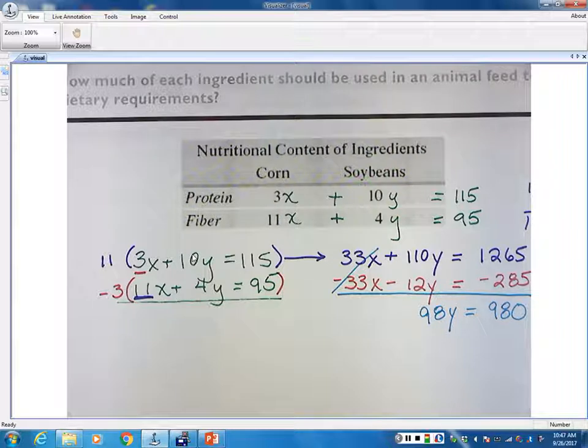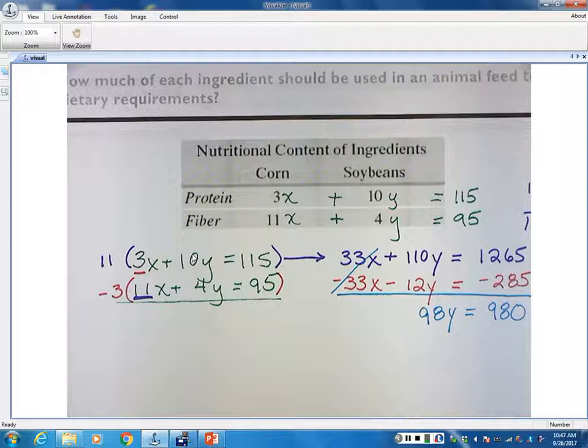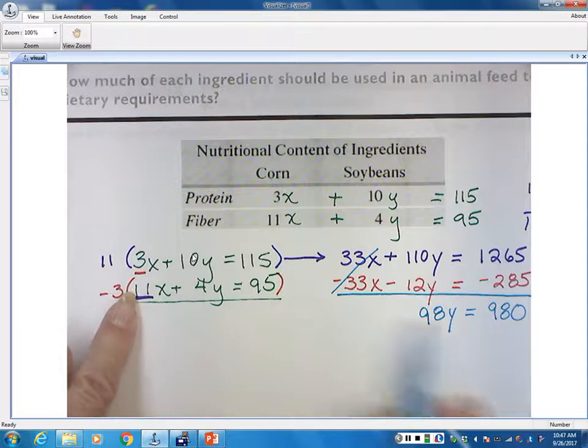Now we're going to take this equation and replace the second equation with this, because these are all equations, they're all equal.